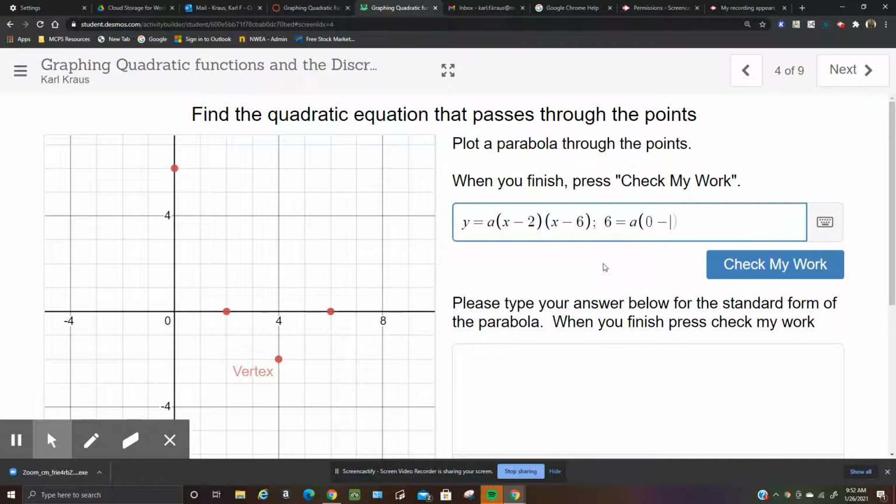So 6 is equal to a times (0 minus 2) times (0 minus 6), which is a times negative 2 times negative 6.